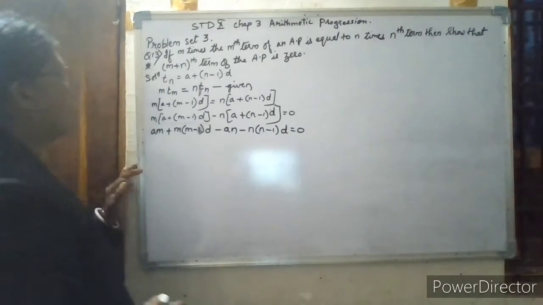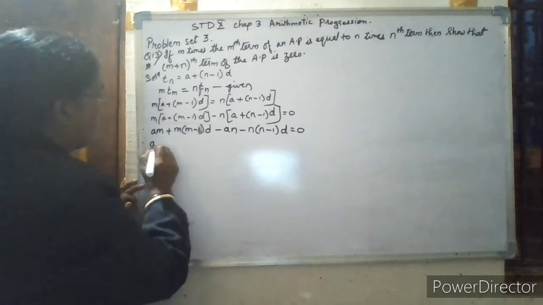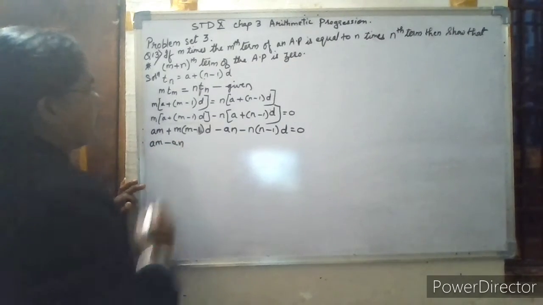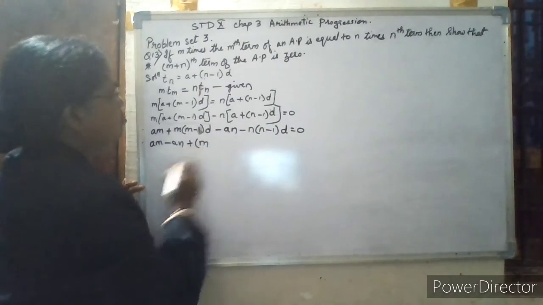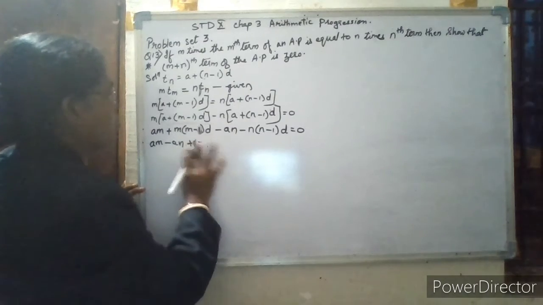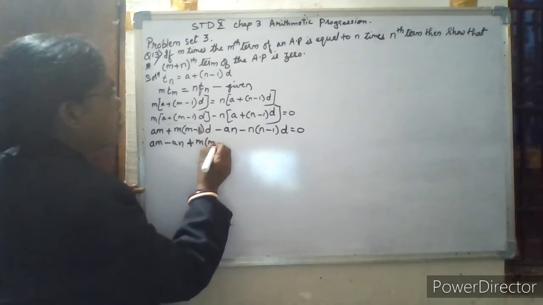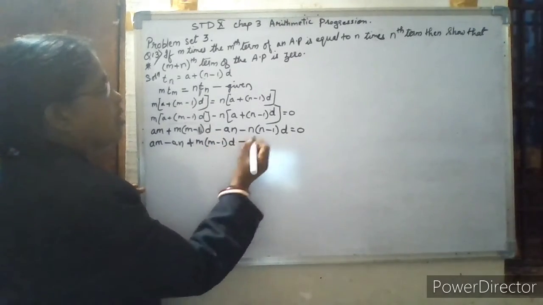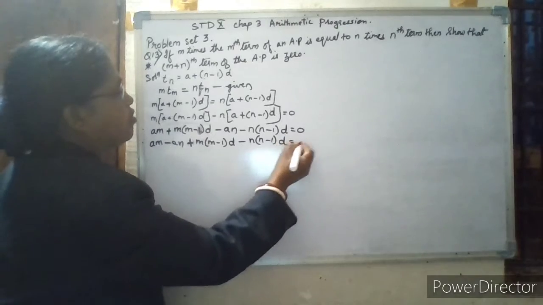Now here, we bring these terms together: am minus an, then plus m into m minus 1 into d, then minus n into n minus 1 into d, equal to 0.